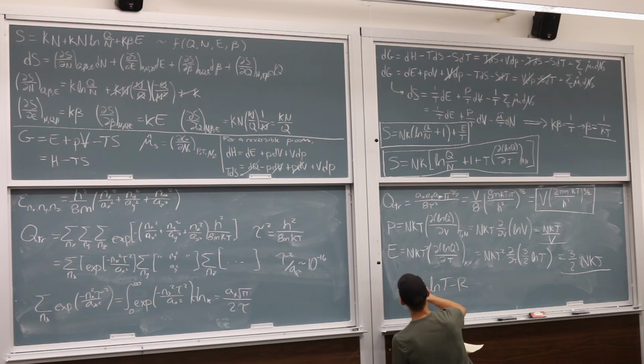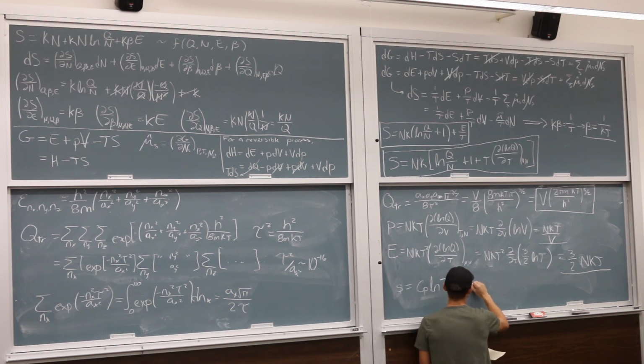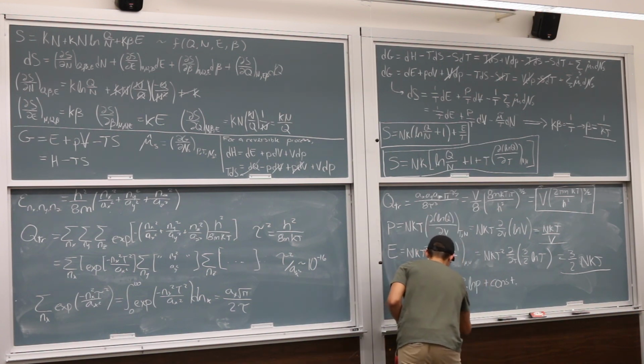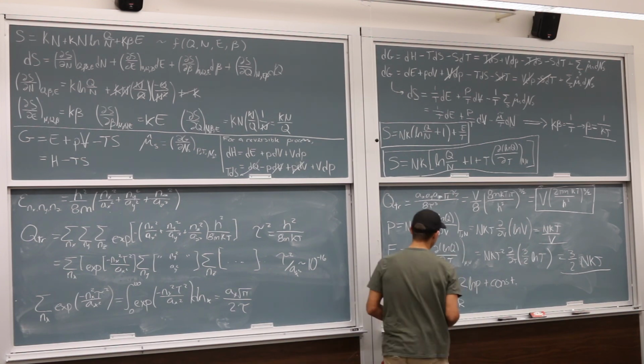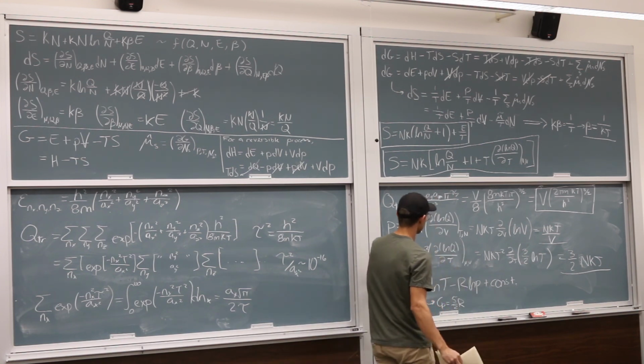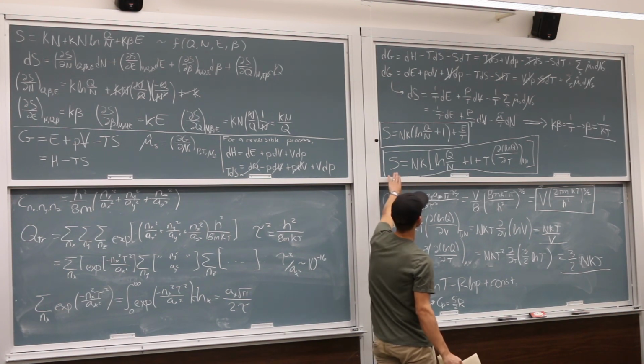This is a lowercase s; we're now on a mass basis. And this also allows you to say that Cp is equal to 5/2 R. You can find this on your own. It's not too hard, just using this formula here.